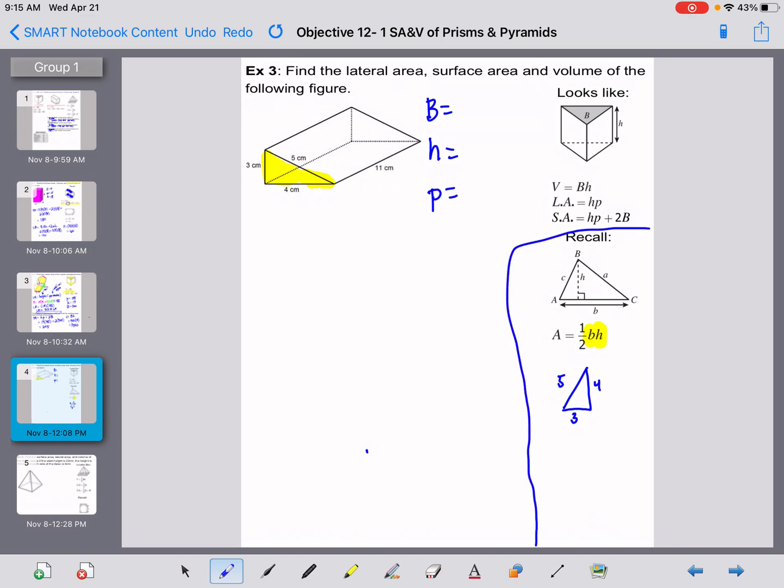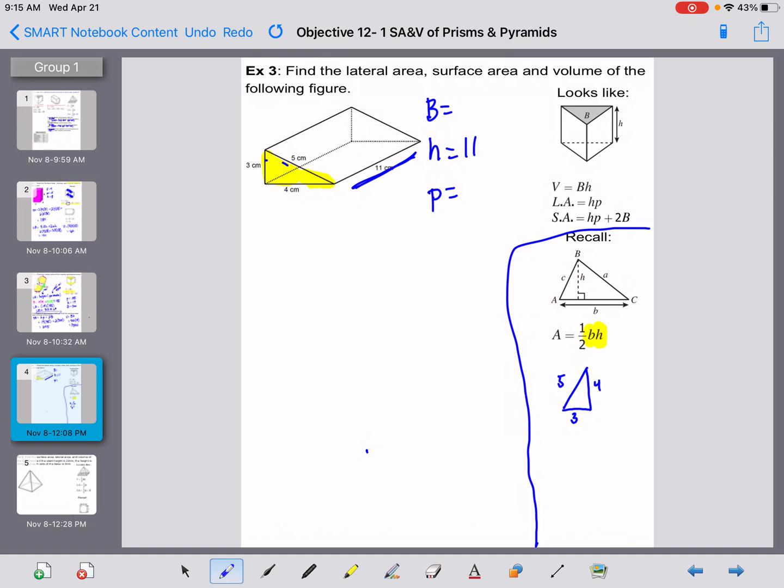This is just the base, okay? This H refers to the whole prism. So when I take this prism and I set it on this yellow base, my height will be 11 because it's going to go 11 centimeters up. So it's going to be an 11 there.